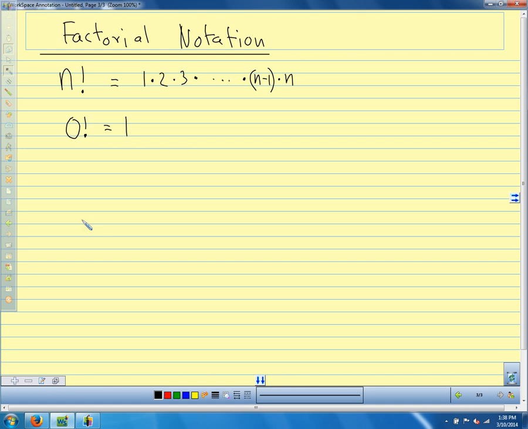And the factorial symbol takes the same place in the order of operations as exponents. So we would do factorials after parentheses.